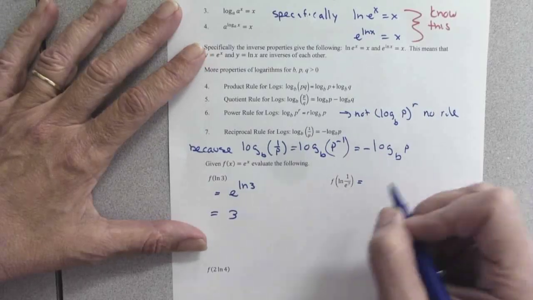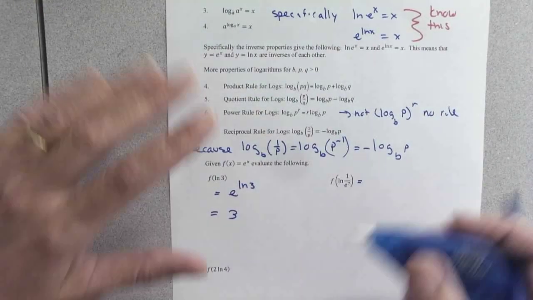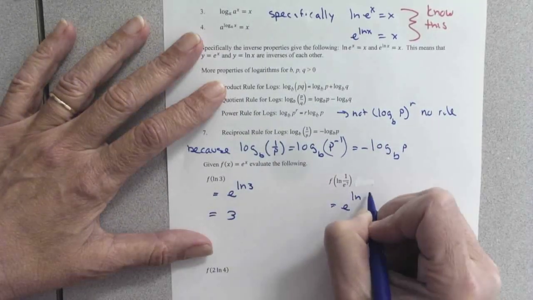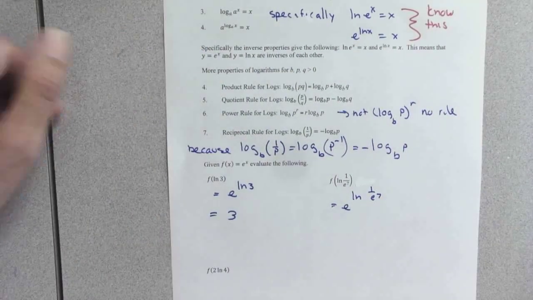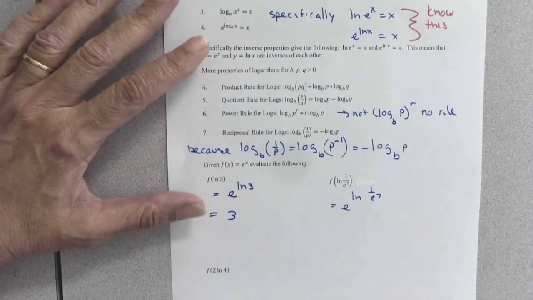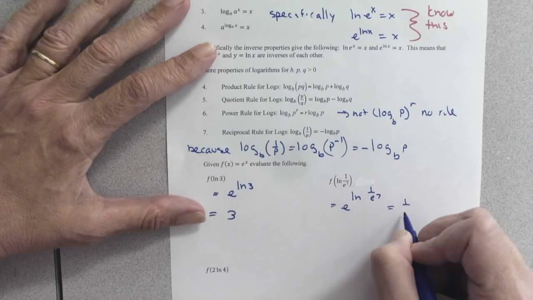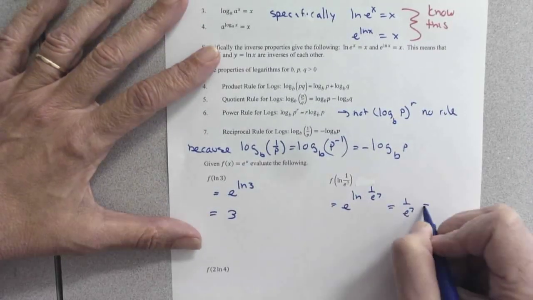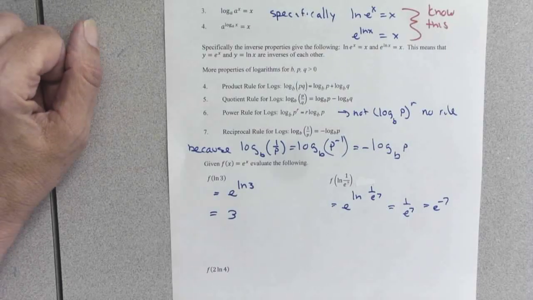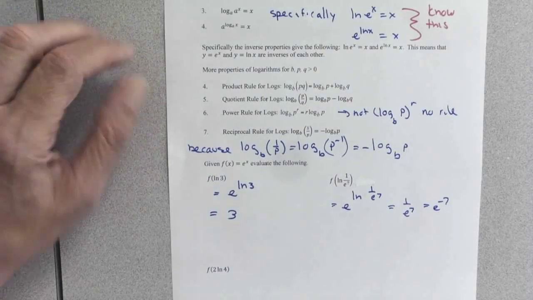So this would be e raised to the natural log of 1 over e to the 7th. Well, the same deal's going on. E's and natural logs cancel. So this would be 1 over e to the 7th, and if you wanted to, e to the negative 7th.